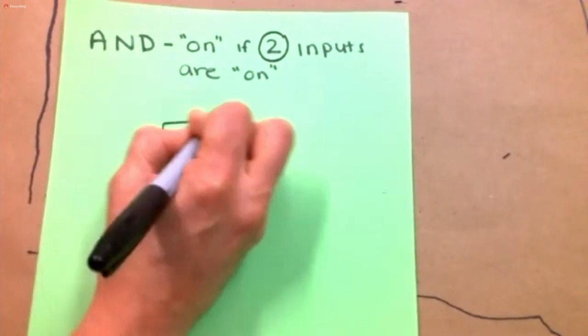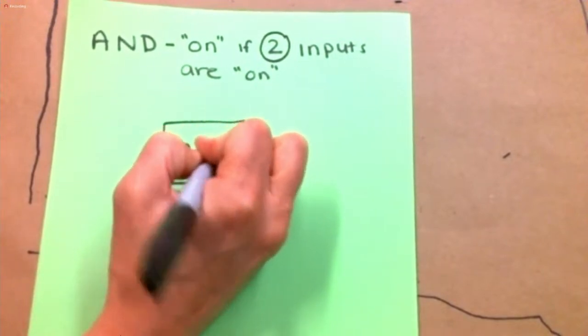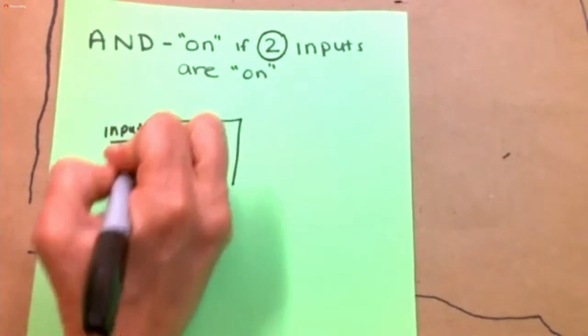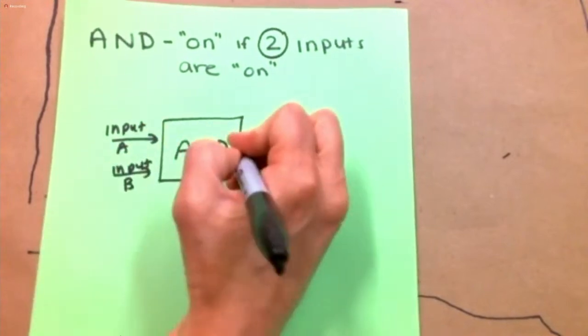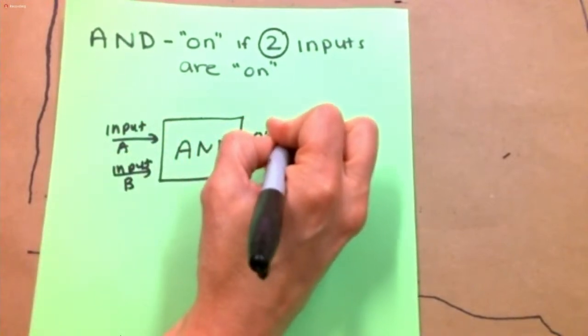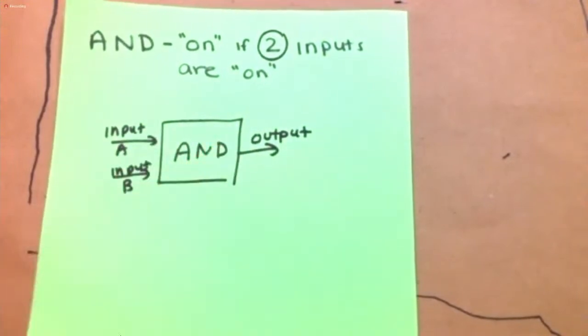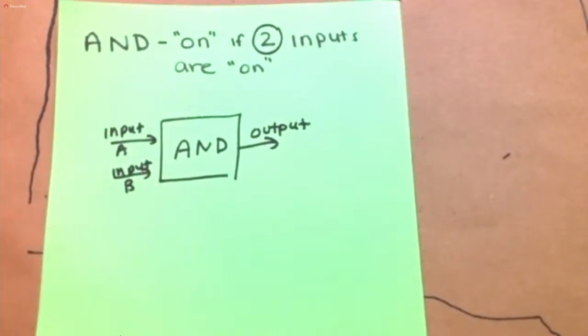So this will look a little bit different as a diagram, in that I will have an input A and an input B and a single output. And again, anytime I see this AND, it's going to make the same decision for me, whether these two inputs were correct or not.